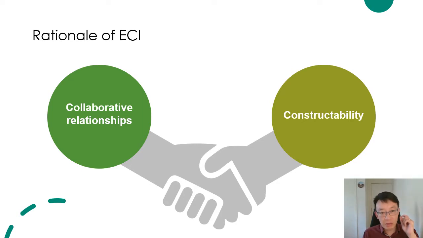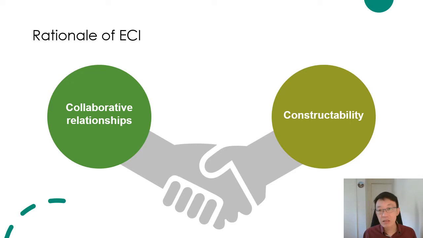The first one is to develop collaborative relationships between construction players, because in traditional or in more traditional project delivery system, usually there is a conflicting relationship between the client, the designer, and the contractor, in a sense, because they have conflicting agenda. While in ECI, the client, the designer, and the contractor will work together early in the project, and this can facilitate better collaboration among key construction players.